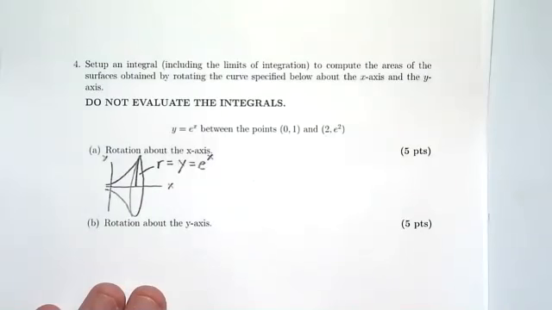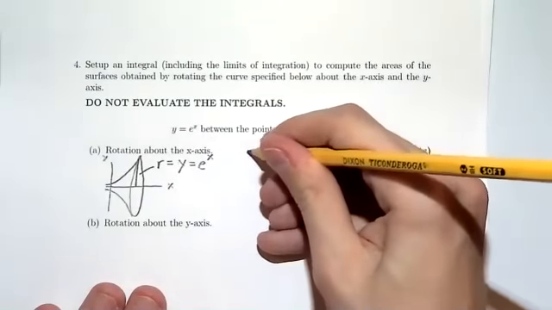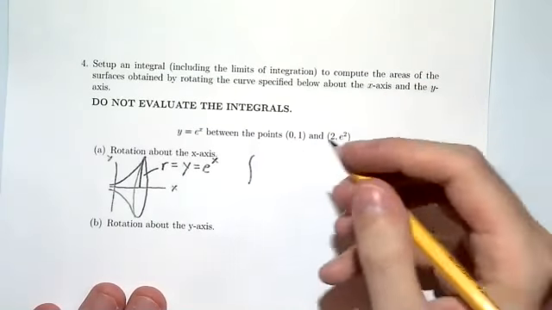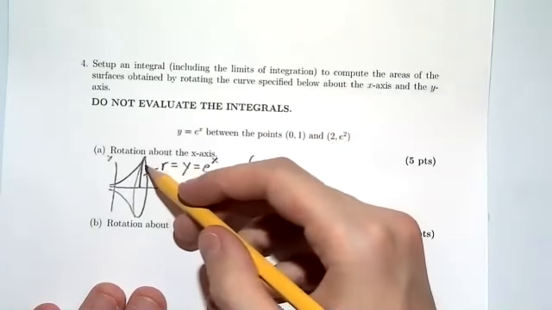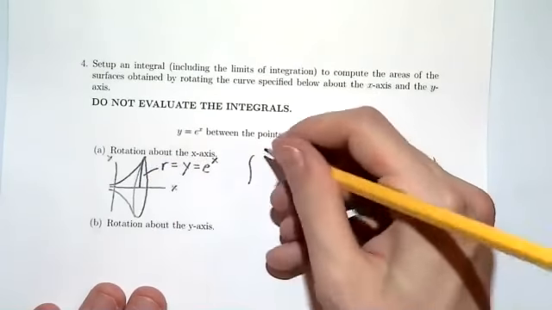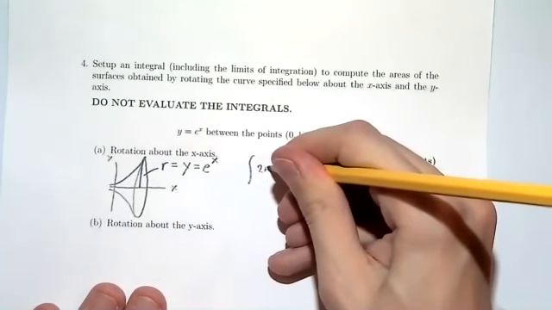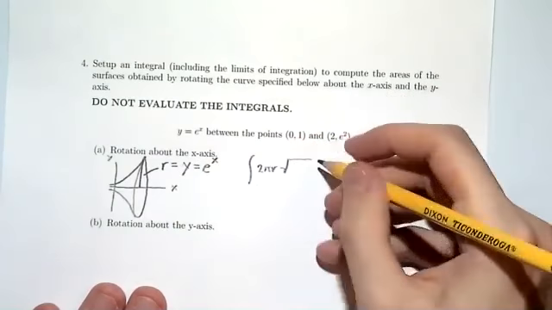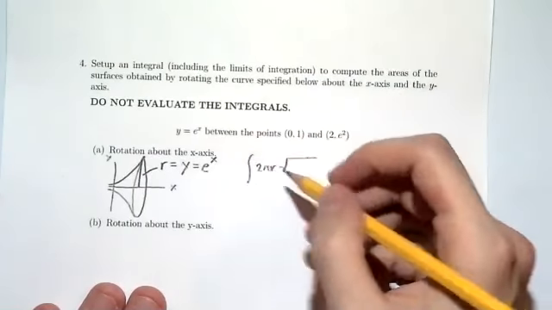So then setting up our integral, the integral for surfaces like this is, we're going to take the circumference of many circles, so 2 pi r, and then you multiply by the arc length bit.